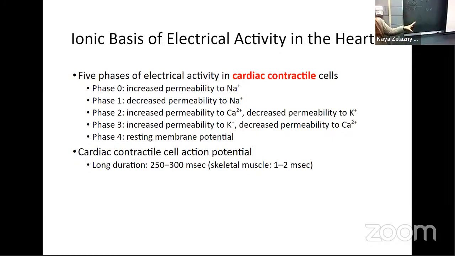We'll look at this on the graph form as well. A thing to note about the contractile cell action potential is that it's much longer in duration than in skeletal muscle. That's also part of what's creating these heartbeats, this pace of contraction.